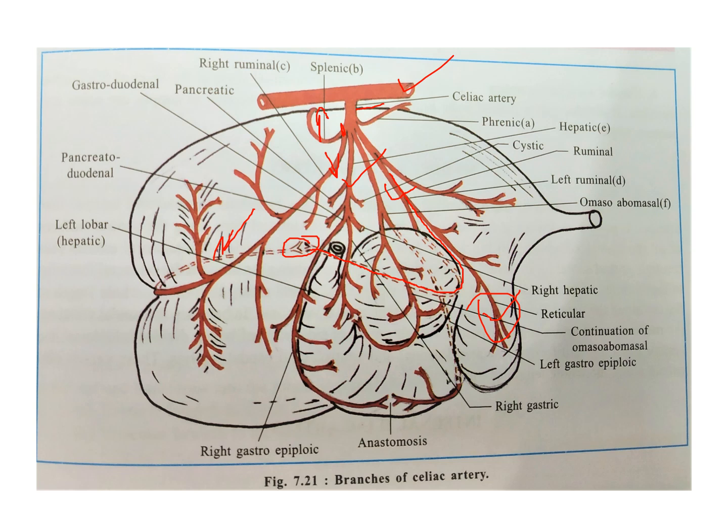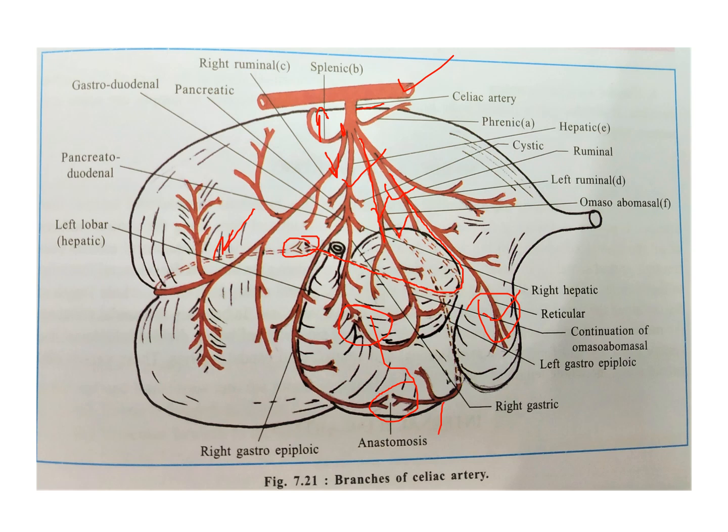And this is the continuation of the celiac artery, the omeso-abomasal artery. It divides into the left gastric artery and the left gastroepiploic artery, which finally anastomose here.